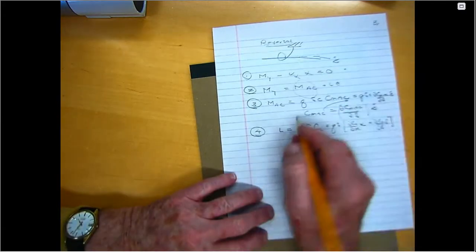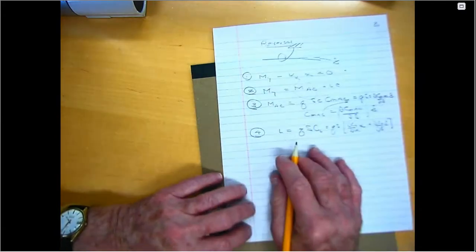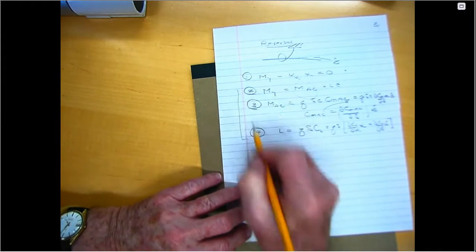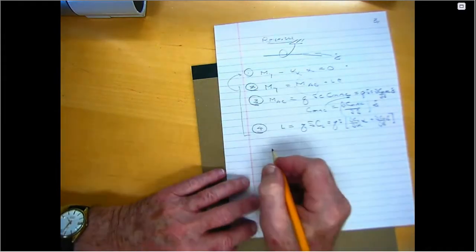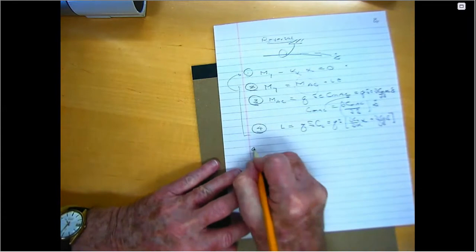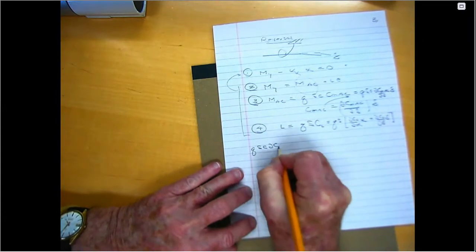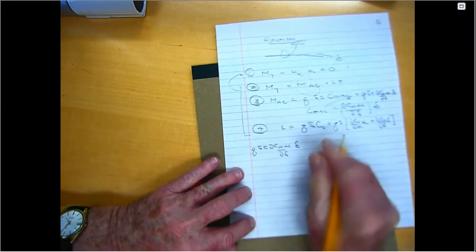Okay, so let's combine all of this. If we take all these equations and put them in one, what will we have? We will have QSC dCMAC d delta times delta.